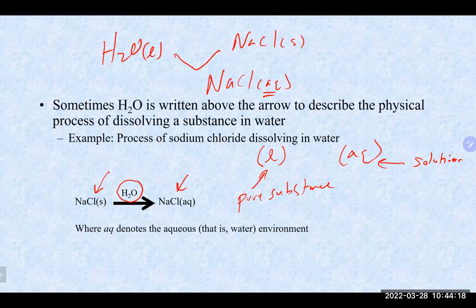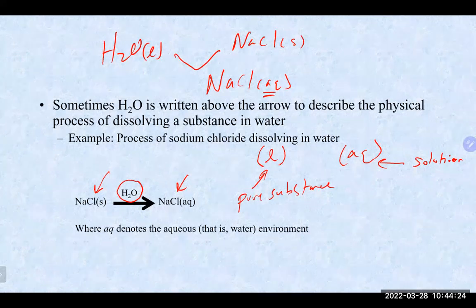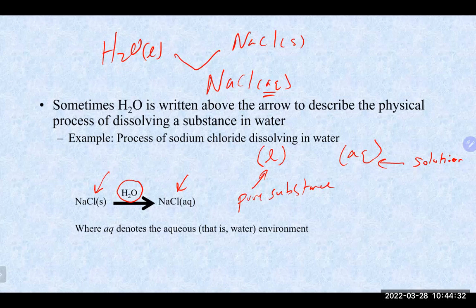So aqueous usually implies that something was taken and dissolved and you made a solution out of it. Something that has just the pure L version of it, or liquid, is really a pure substance by itself, nothing else dissolved in it. Any questions on that there?